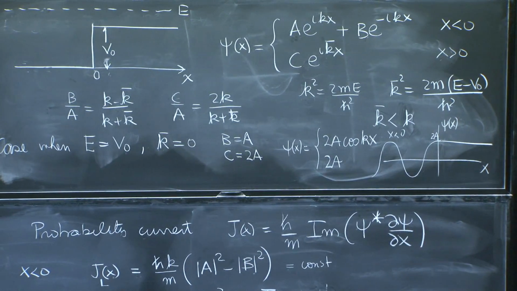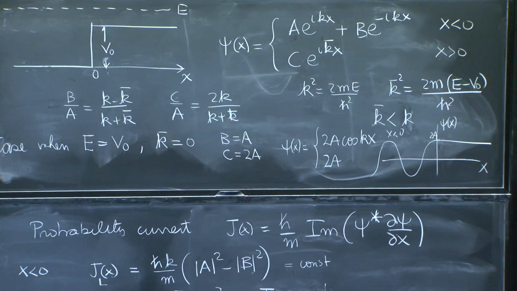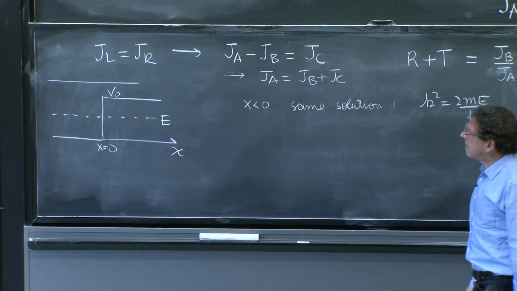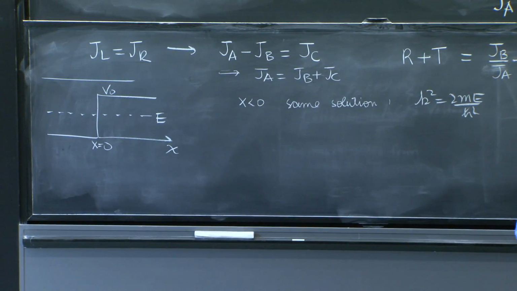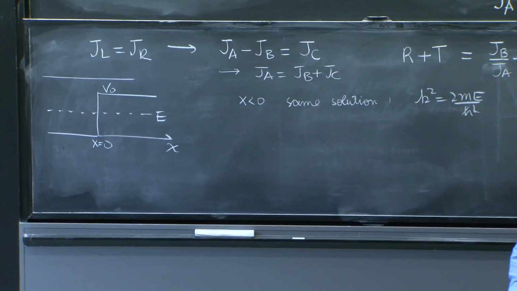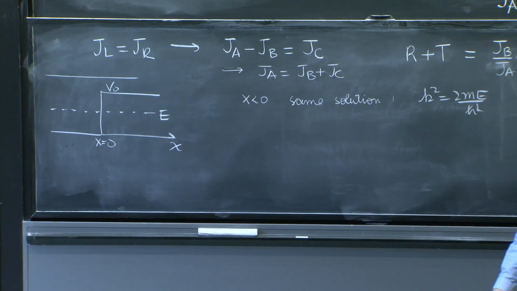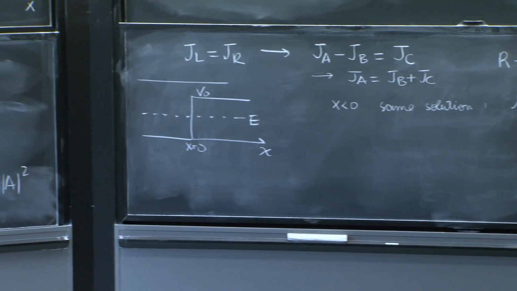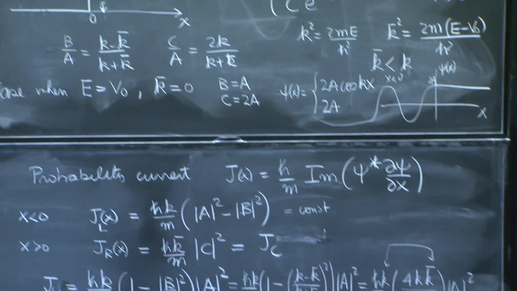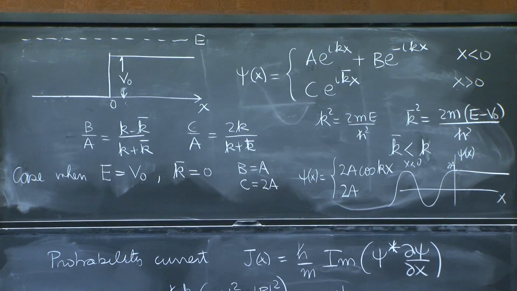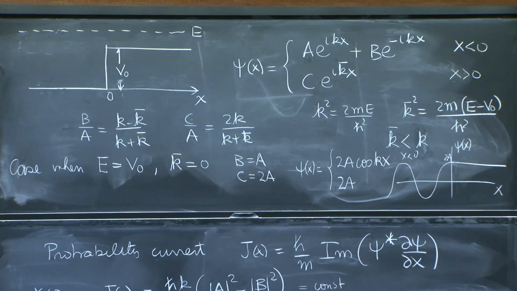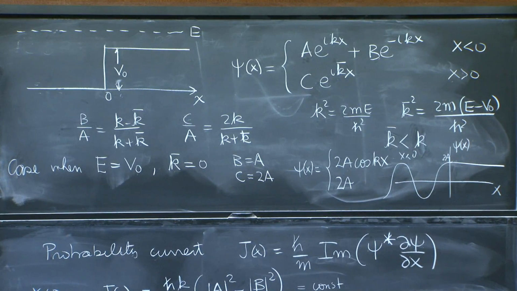And k squared is still 2mE over h bar squared. The problem is the region where x is greater than 0, because there you had an exponential, but now you must have a decaying exponential. But we know how that should work. It should really be an e to the minus some kappa x. So how could I achieve that?